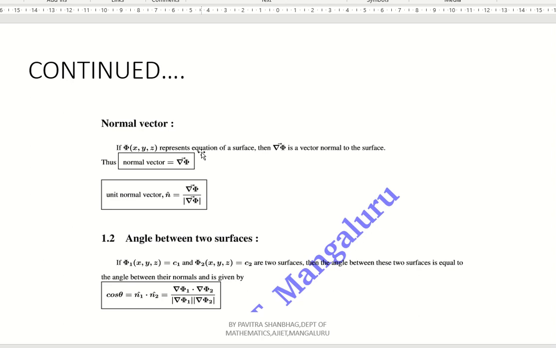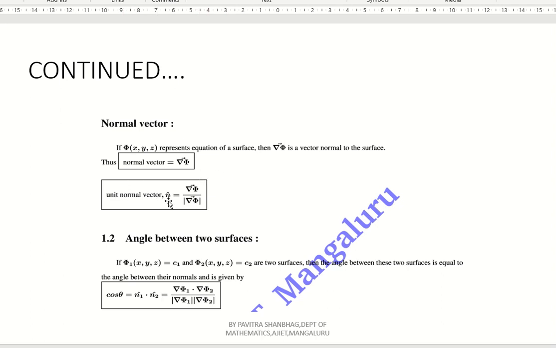Here gradient phi itself we call the normal vector. The geometrical meaning of gradient phi is a vector normal to the surface. Proof is not there, just remember this. So normal vector is nothing but del phi.